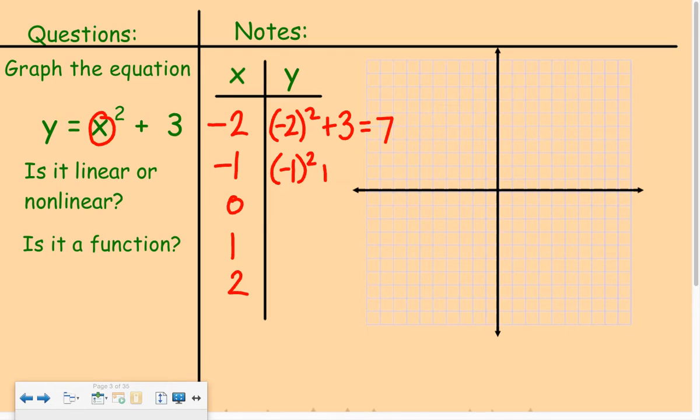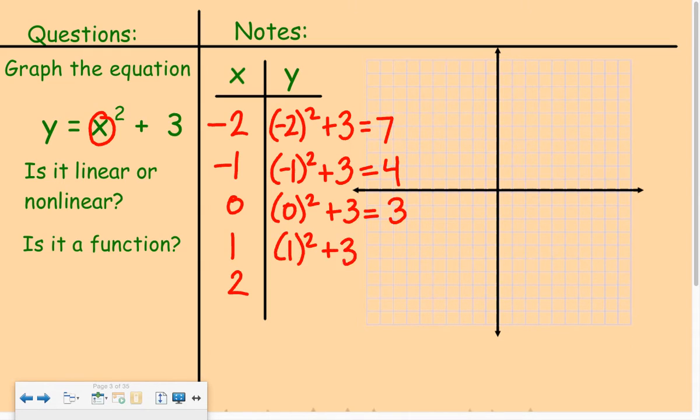-1 squared plus 3. -1 squared is 1. 1 plus 3 is 4. 0 squared plus 3. 0 squared is 0. 0 plus 3 is 3. 1 squared plus 3. 1 plus 3 is 4. And 2 squared plus 3. 4 plus 3 is 7.